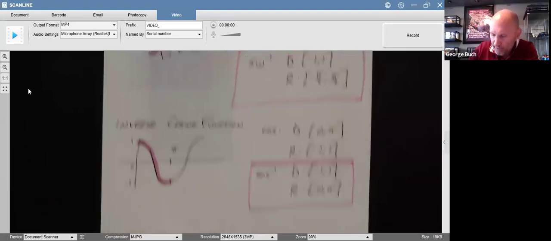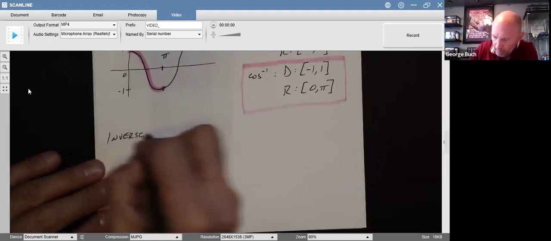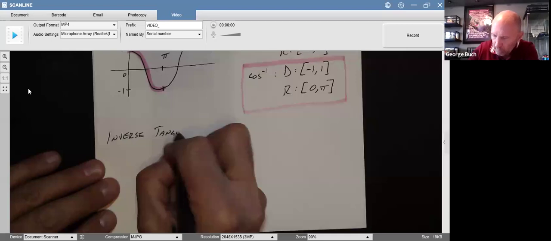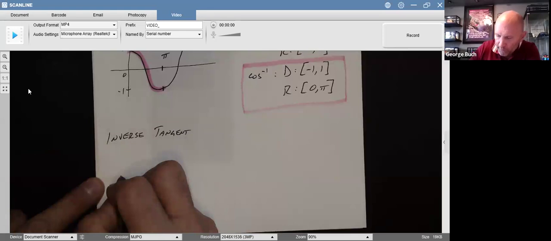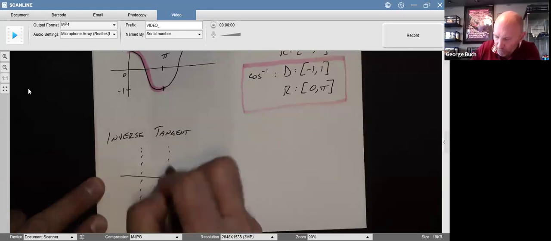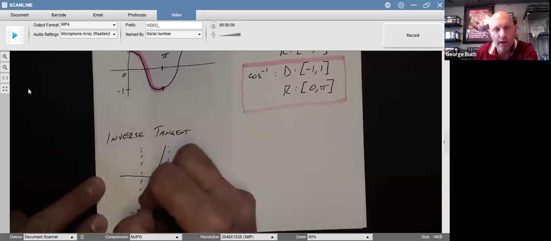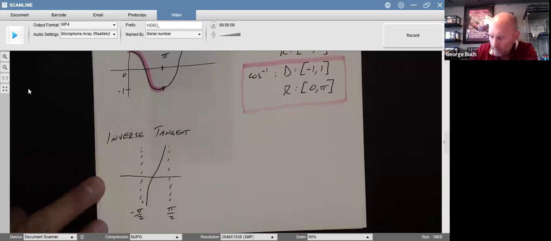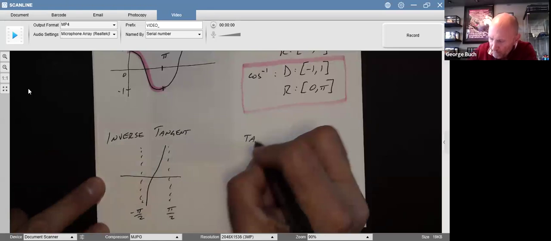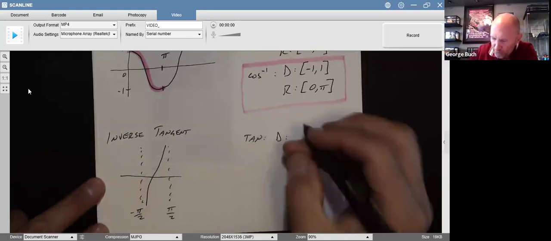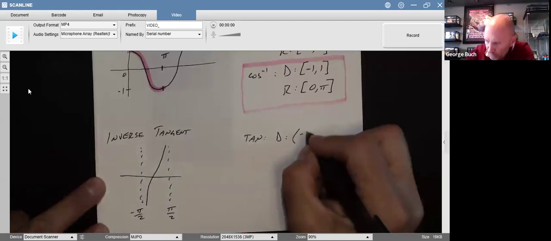And then for inverse tangent, here we are going to look at the regular period of tangent, -pi/2 to pi/2, with a graph that looks like this. For this function, the domain goes from -pi/2 to pi/2, but we have asymptotes there, so it's not included. It gets parentheses.